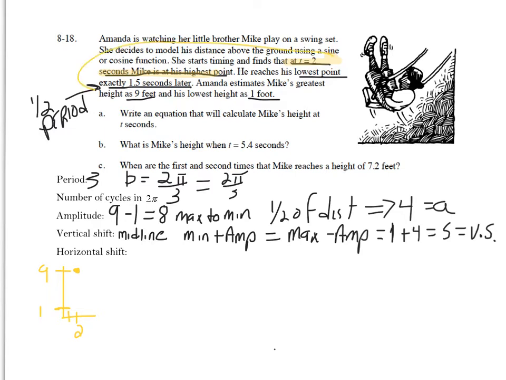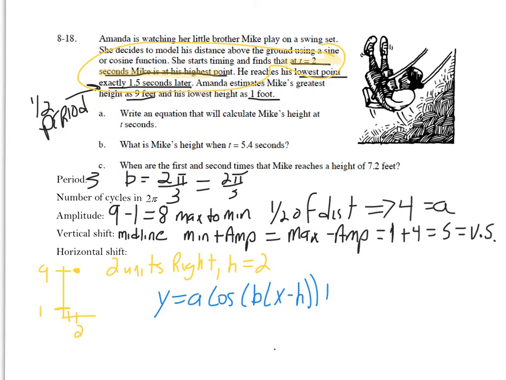So that represents a horizontal shift of 2 units to the right. So H equals 2. Now let's put all this together and write our equation. Remember, y equals A times the cosine of B times (x minus h), plus k.